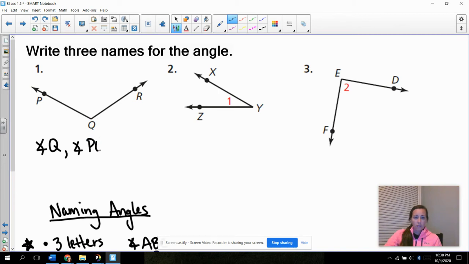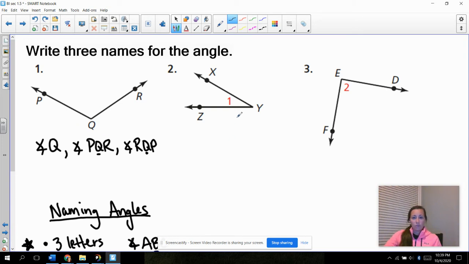And notice when I use three letters, that middle letter is still my Q. And then as I said down here, I can flip-flop the P and the R. So I could also name this angle RQP, right? Q still in the middle.